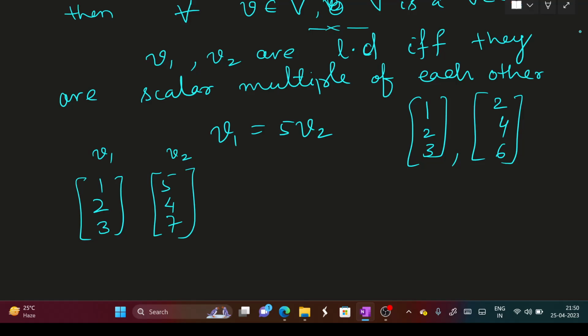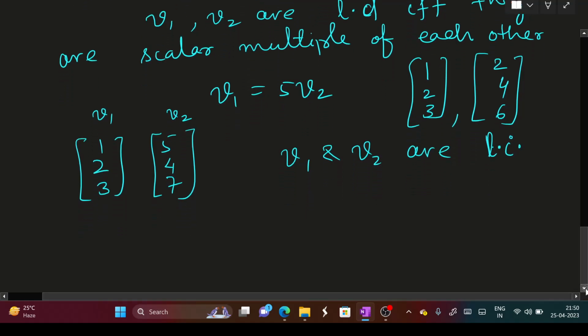Now, there is no scalar multiple relation between them. So in this case, these are linearly independent, because they don't have any linear relation between them.